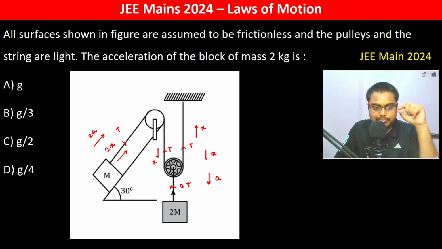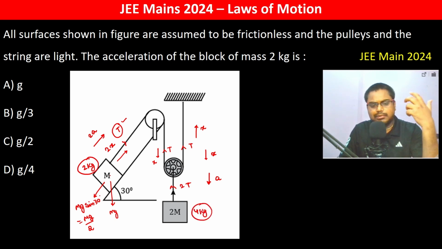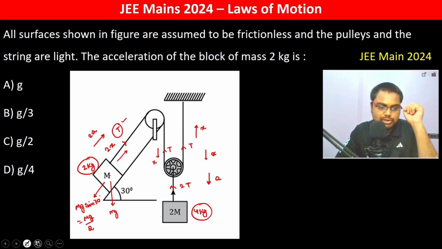Now FBD of this, so tension T is acting and this is mg, so mg's component in this direction is going to be mg sin 30 degree, which is mg by 2. Now what is m? m is 2 kg and here 2m is going to be 4 kg. Okay, now we will solve this entire thing.